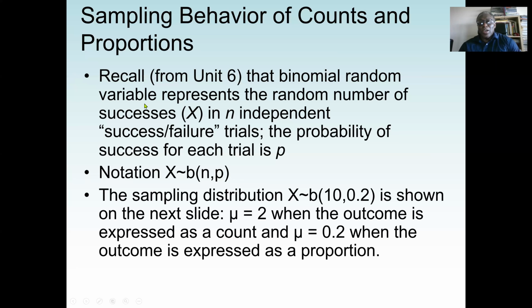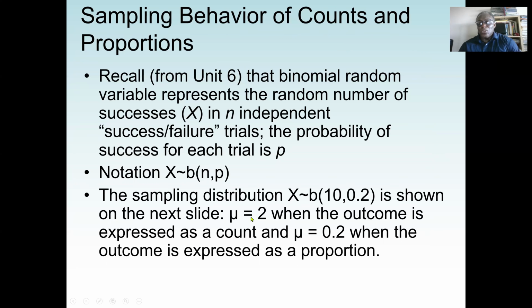In binomial notation, the random variable X is binomial with n and p. N is the number of tries and P is the probability of success. Now the sample distribution of X with 10 and 0.2, where 0.2 is the probability of success and 10 is the number of tries, is shown on the next slide with a mean of 2.